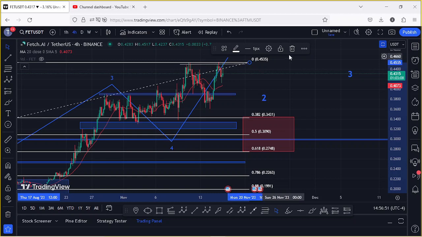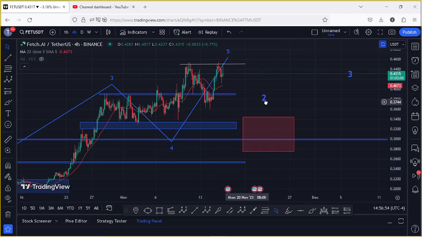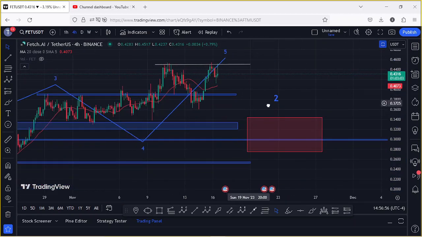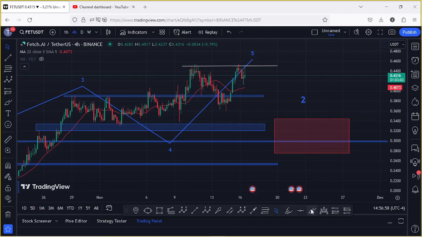But before we get into that target area, there are key areas of support that we need to keep our eyes on, and the first one lies at around the $0.39 mark. In case we lose that, then expect further pullback into the next key area of support at around the $0.33 mark.